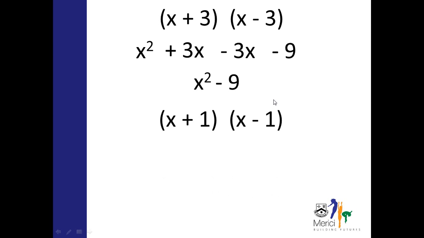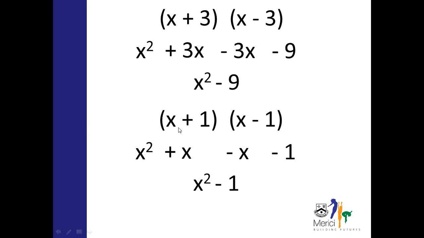Now, if we do the next one as well, same theory, x by x, 1x, minus x, and minus 1, and again these cancel. So hopefully at this stage you're starting to notice that if these numbers are the same but only differ by whether they're positive or negative, they actually end up cancelling each other out.